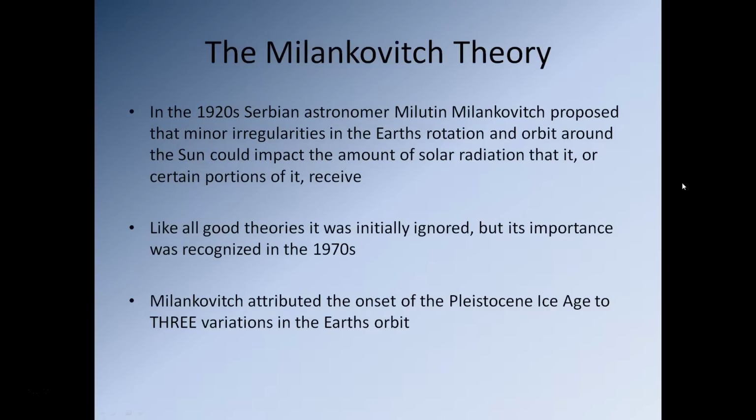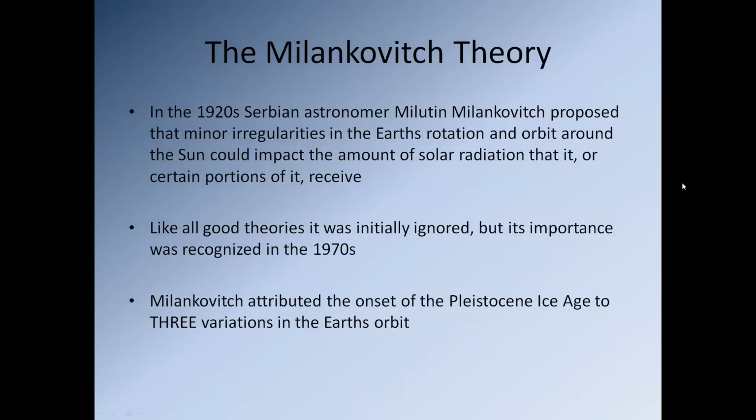So it's called Milankovitch theory. So in the 1920s, a Serbian astronomer called Milutin Milankovitch proposed that very minor irregularities in the Earth's rotation and its orbit around the Sun could impact the amount of solar radiation that the Earth, or at least certain portions of it, would receive.